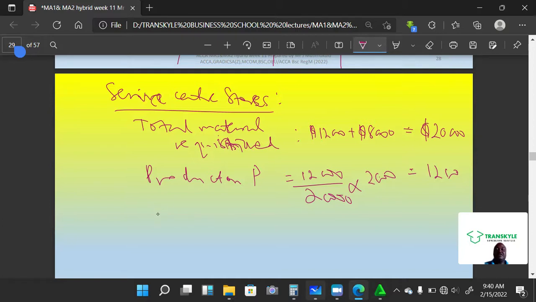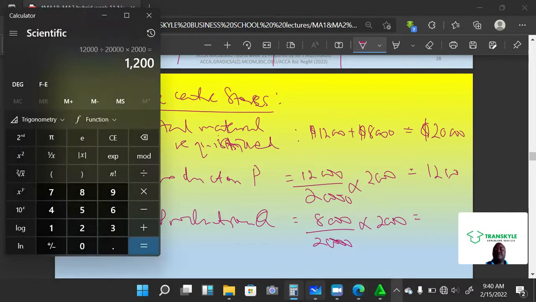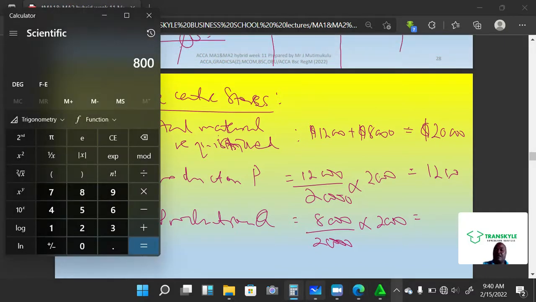Then production center Q, that's 8,000 over 20,000 multiplied by 2,000.